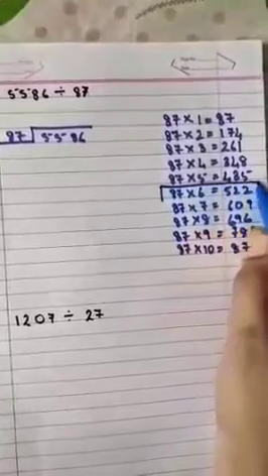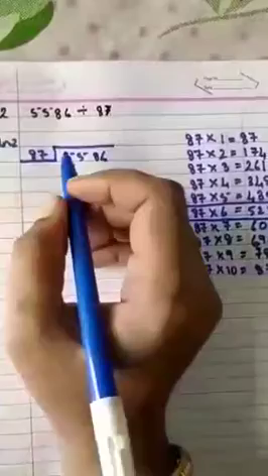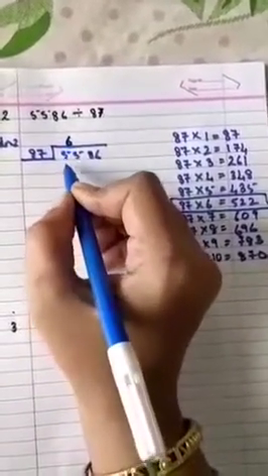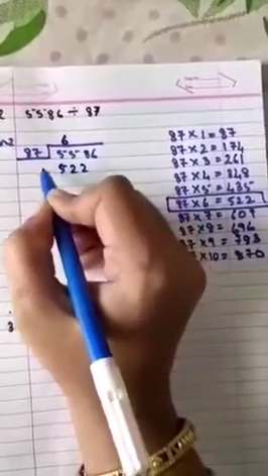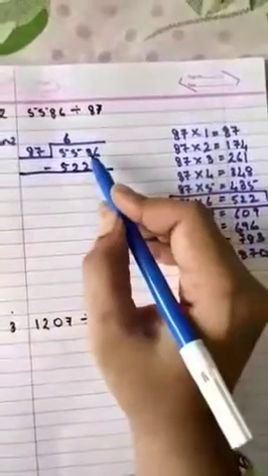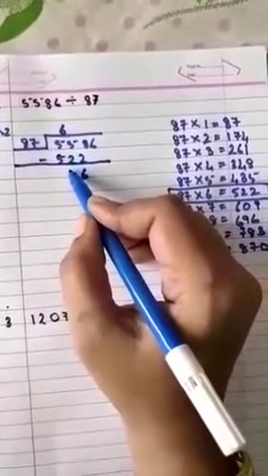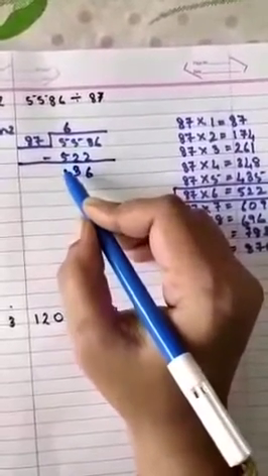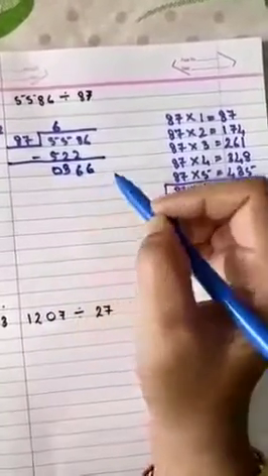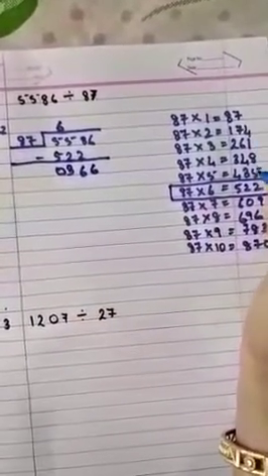87 into 6 gives the answer 522. So we'll write here 87 sixes are 522. Now we will do the minus. 8 minus 2, 6. 5 minus 2, 3. 5 minus 5, 0. What is the next digit here? 6 will come down, so it is now 366. Is there 366 here?